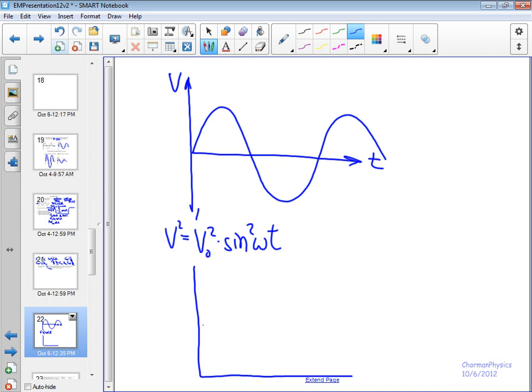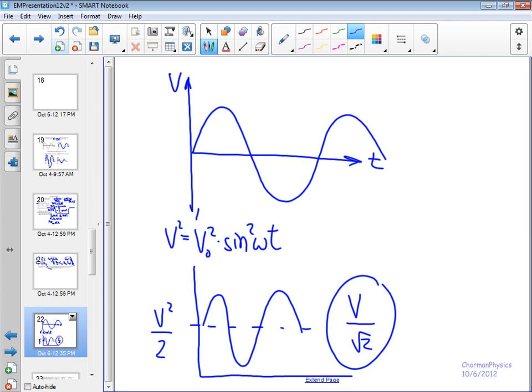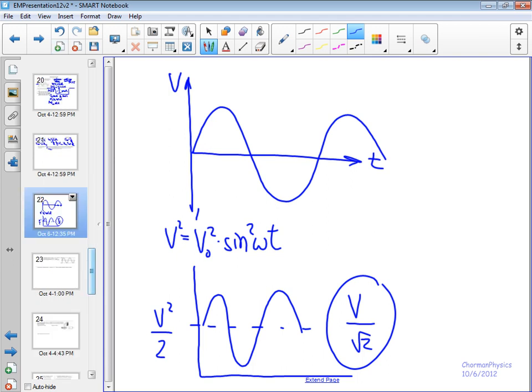The whole function would be moved up, out of the fourth quadrant, and it would look something like this. If we took the average here, V squared divided by 2, and solve for V, what we would end up with is this term, V naught all over the square root of 2. And this is what our root mean square comes from.